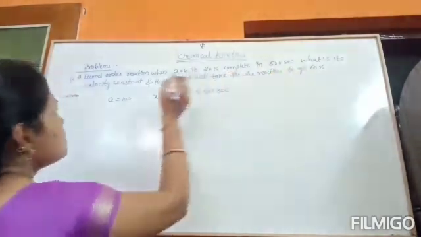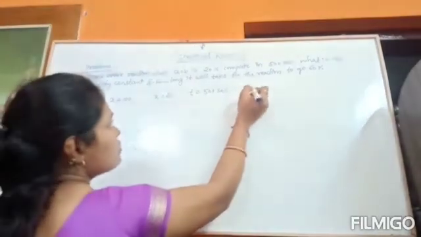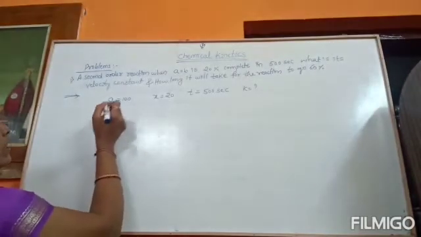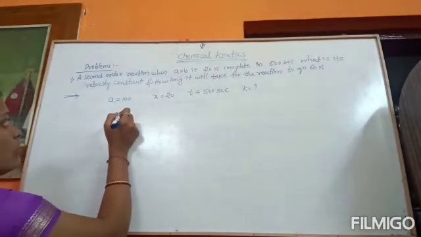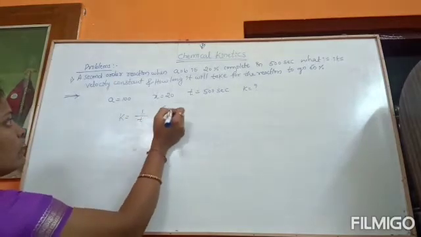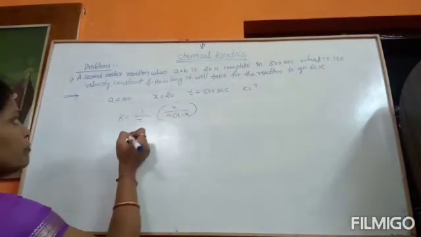What is its velocity constant? It means they asked K is equal to how much. In the integrated rate equation for second order reaction, K is equal to 1 divided by t into x divided by a into (a minus x).